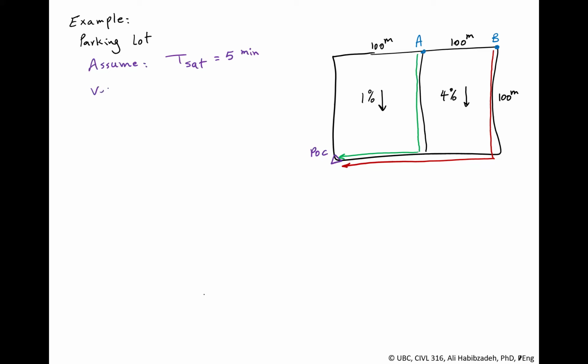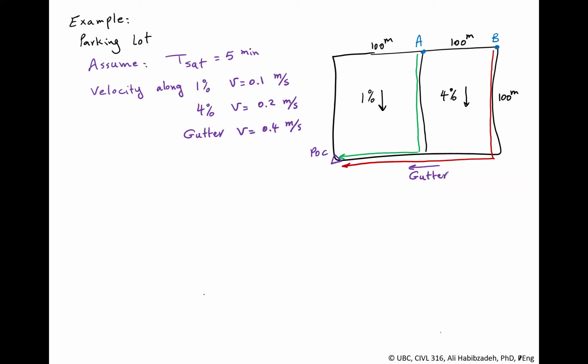Also, velocity along the 1% slope is 0.1 meters a second. Along the 4% slope it is 0.2. And along the gutter it is a bit higher, 0.4. And this is the gutter, by the way. This is the gutter we have to collect the rainfall, the runoff.